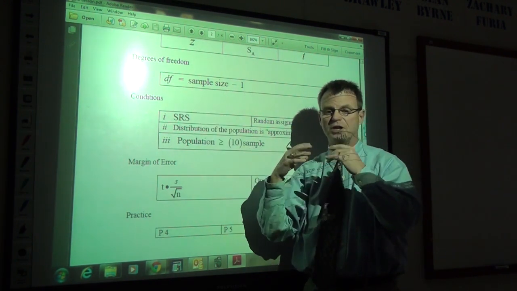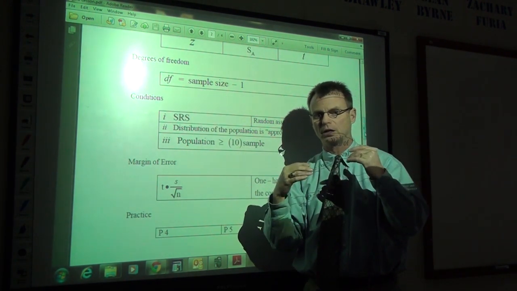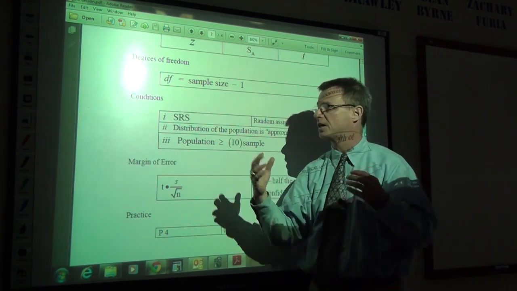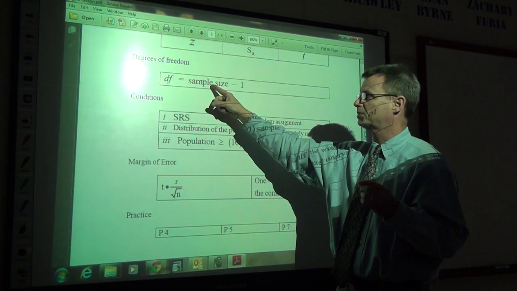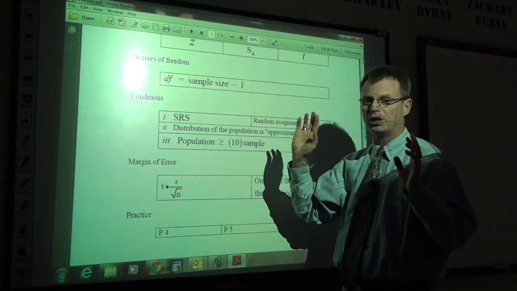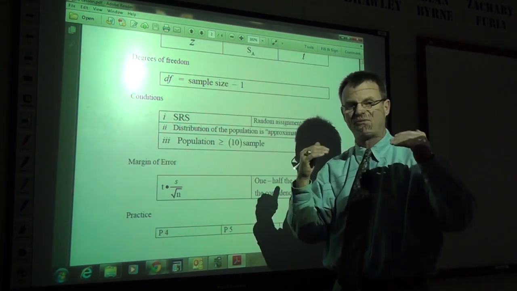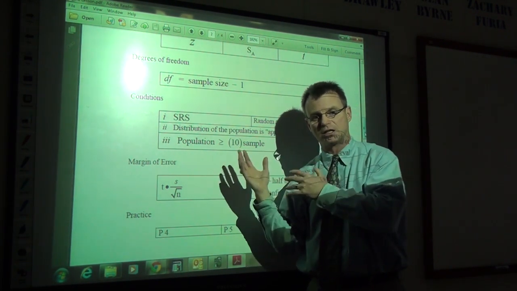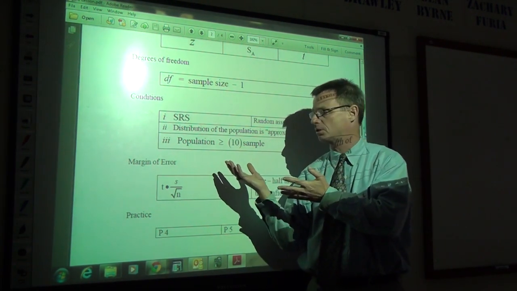So instead of visually picturing all these different t distributions, you're just going to say, okay, I calculate whatever the sample size is, take away 1, that's how many degrees of freedom I have, and that affects the specific scale change in the standard normal curve that's going to generate the t values that we need to answer the problems.